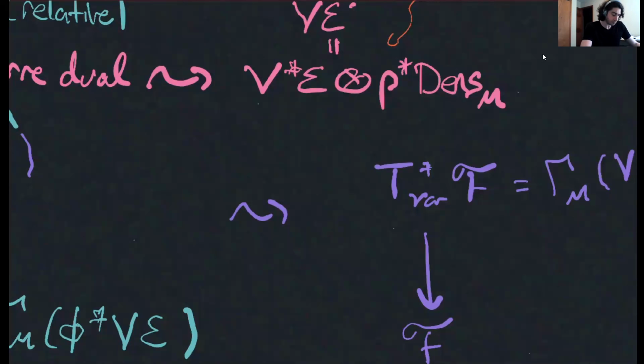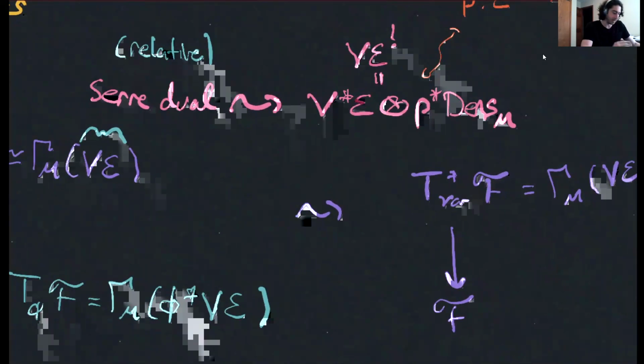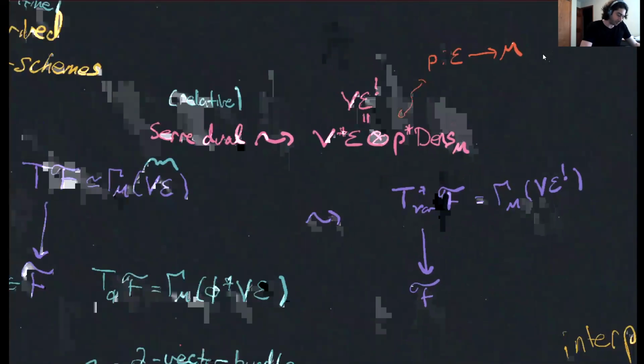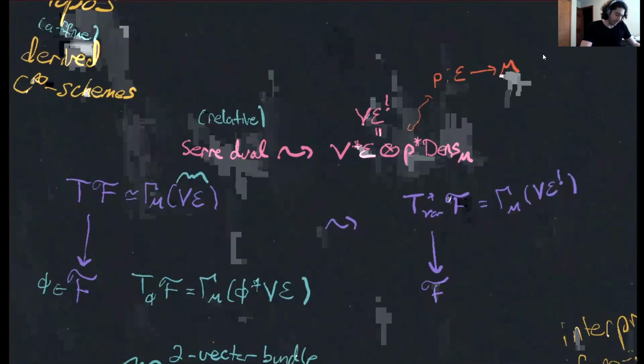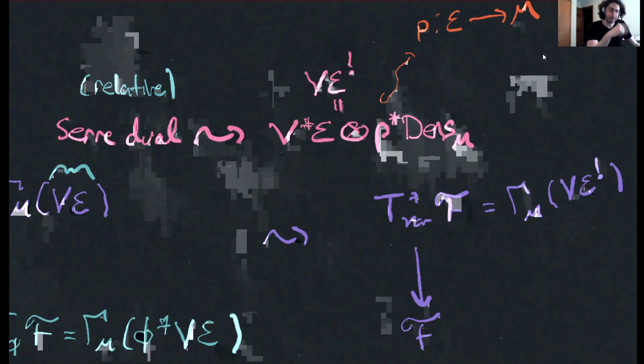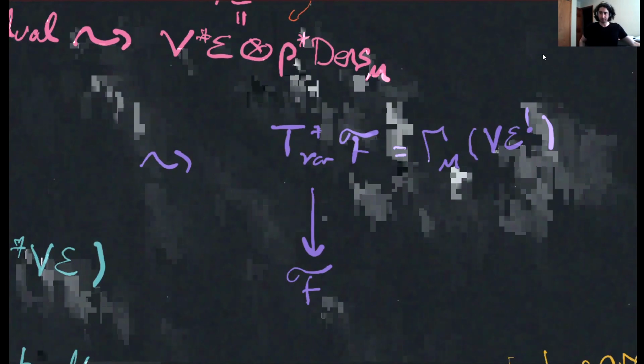It's a relative Serre dual with respect to the bundle. What it has is literally, the value at a field is just sections of the dual tensored with densities. Okay, so our variational cotangent bundle is just sections of this Serre dual.